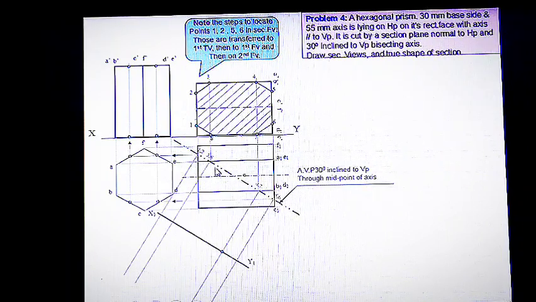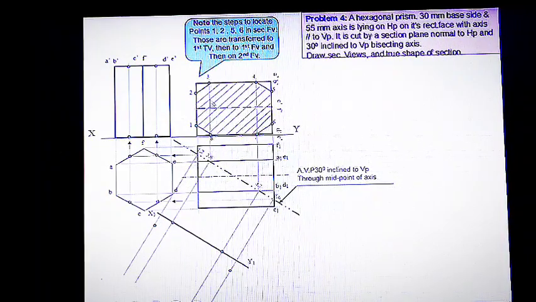So the distance should be marked from here. The distance of 1 is copied from this xy line. This is the distance of point 1. We can copy this distance and mark it here. Similarly, point 2, the distance of point 2 from xy line is copied.